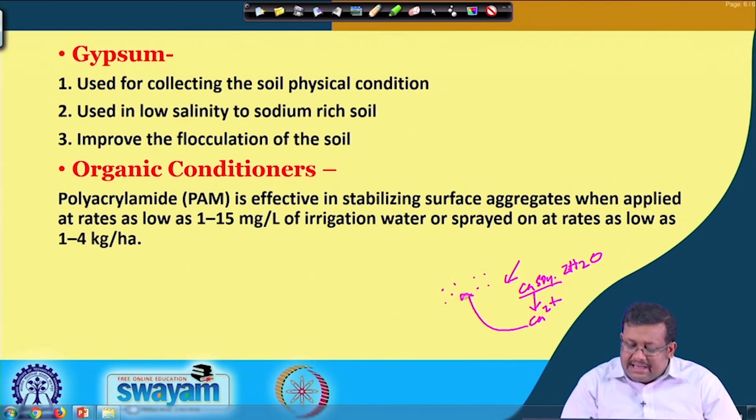These calcium cations will help in aggregation of these individual soil particles together to form an aggregate, and ultimately it will settle down. So this is called flocculation.